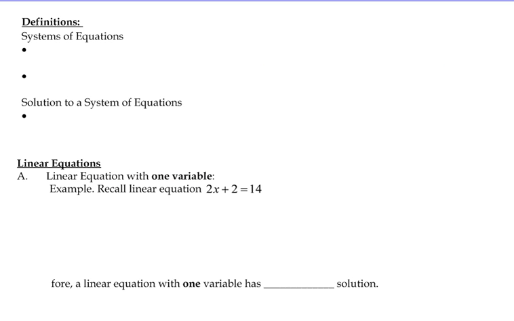Okay, so a system of equations. I'm just going to come out and tell you what a system of equations is because you probably don't know what it is, unless anyone wants to take a random guess. Yes, more than one equation working together. So, in more mathematical terms, 2 or more equations with 2 or more variables.